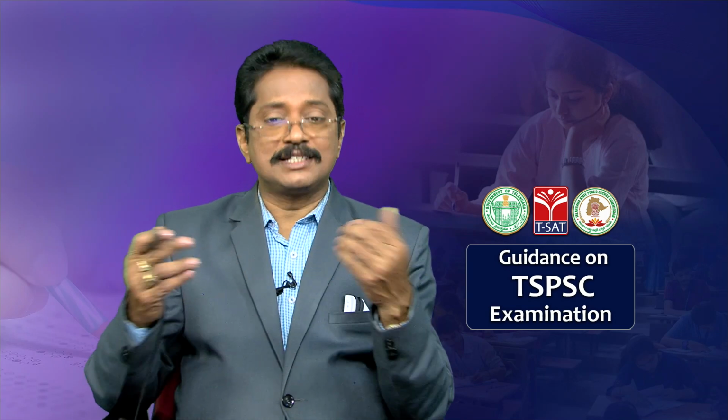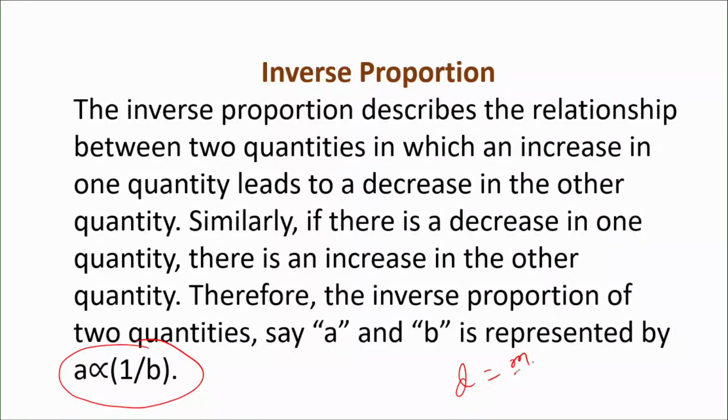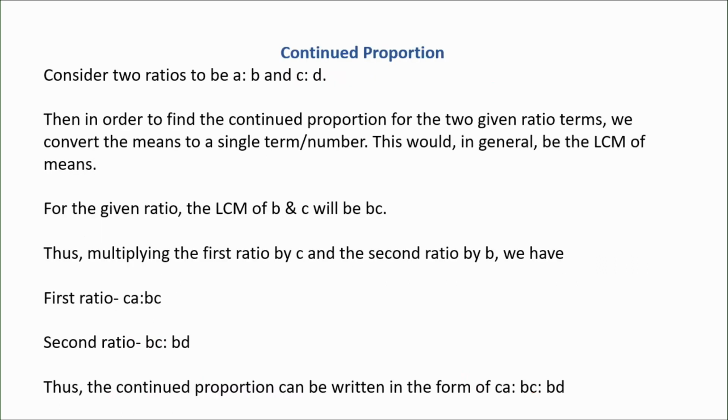In volume and density, what is density? Density is mass by volume. Correct? When the volume increases, the density decreases. When the density increases, of course, the volume decreases. So, you can say they are inversely proportional. We can give n number of examples of inverse proportion.